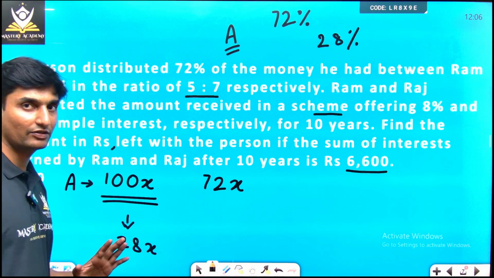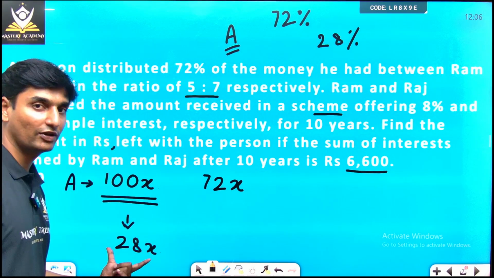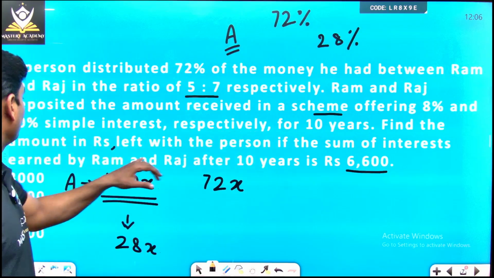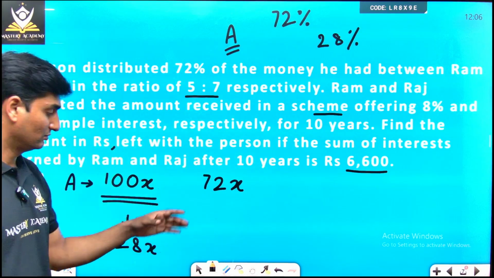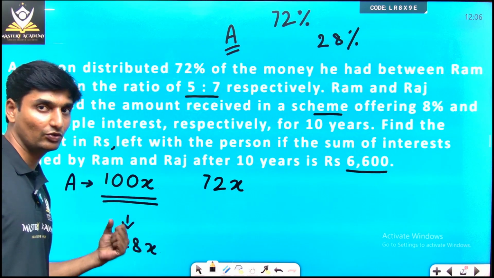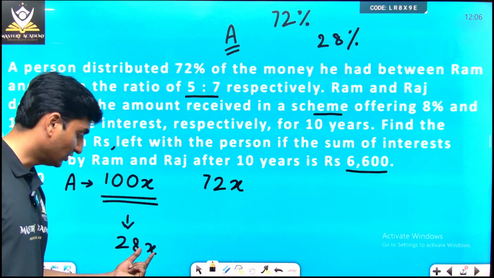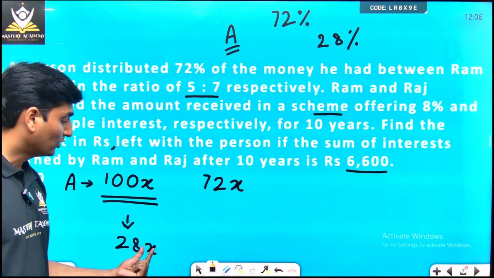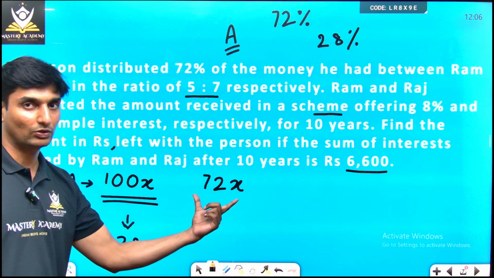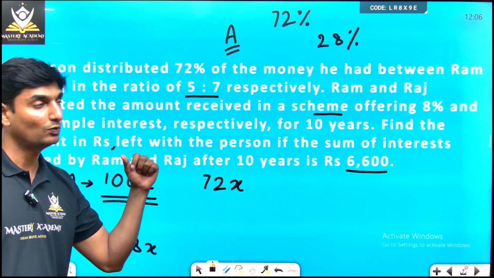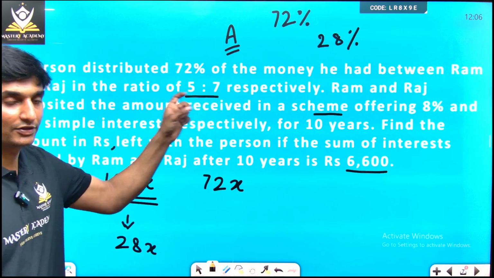So 28x is remaining, and this is the amount we have to find out: the amount in rupees left with the person. For that we need the value of x, and in order to find the value of x we can use this particular detail, 72x. How? The ratio has been given as 5:7.